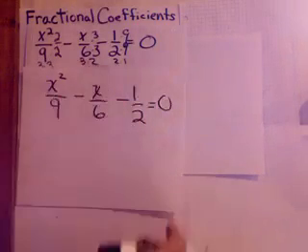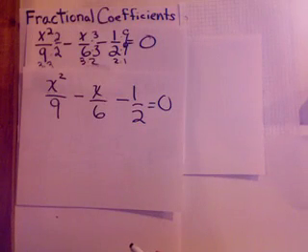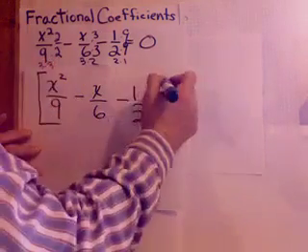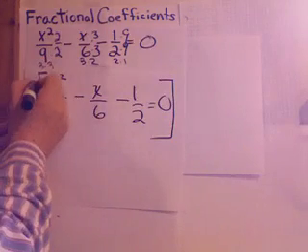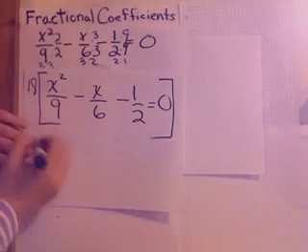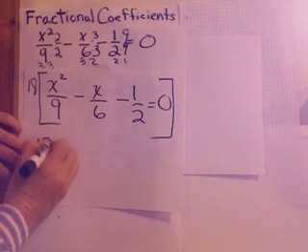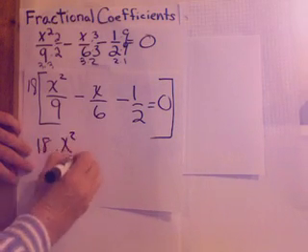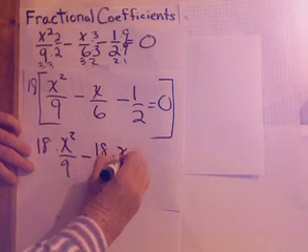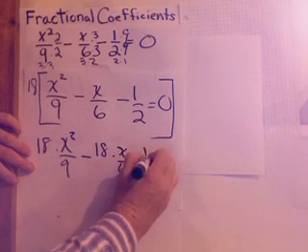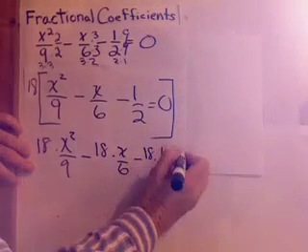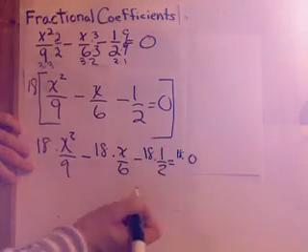Rather than making them all have the fraction with 18 on the bottom, we can take a shortcut and we can multiply each part of the problem by 18, and it gets rid of the fractions right in the beginning. So I'm going to do 18 times x squared over 9 minus 18 times x over 6 minus 18 times 1 over 2 equals 18 times 0.